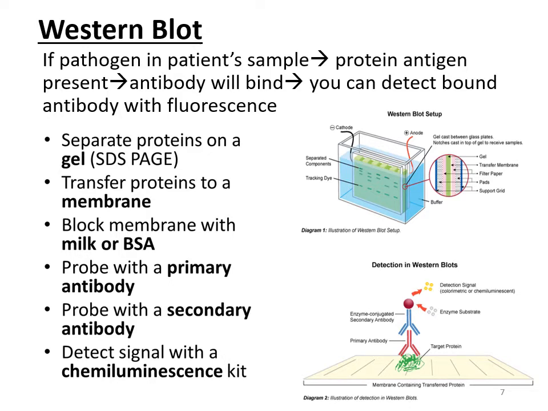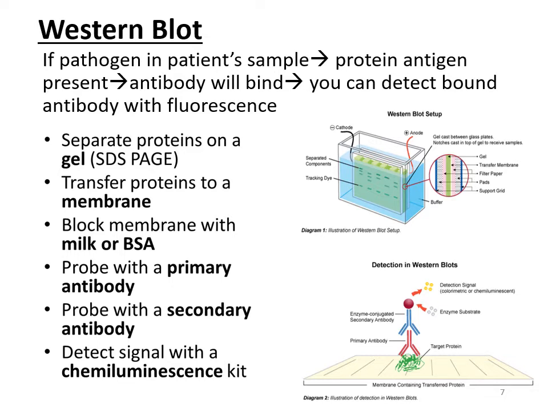You would then block that membrane so that there's no what we call non-specific binding, and you'd add a primary antibody against the suspected pathogen's antigen. Okay, because here's the logic behind it. If your patient is infected with that particular bacteria, right, then in their protein sample, they'll also have that bacteria's proteins, right, because they have that bacteria floating around in their body.